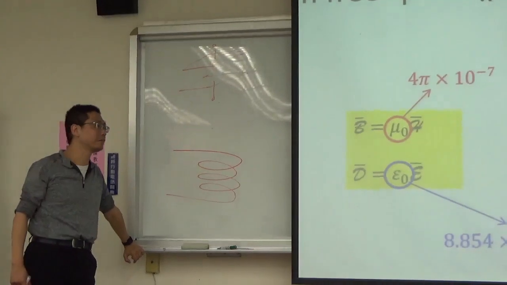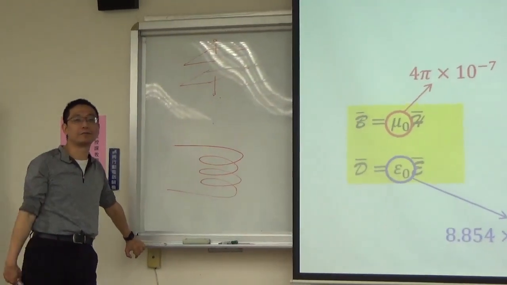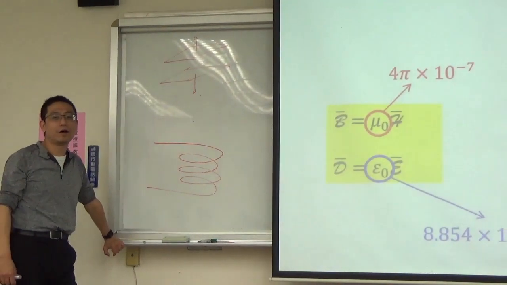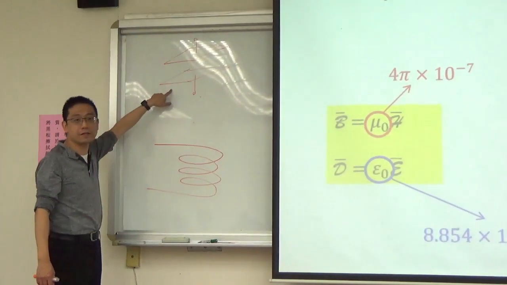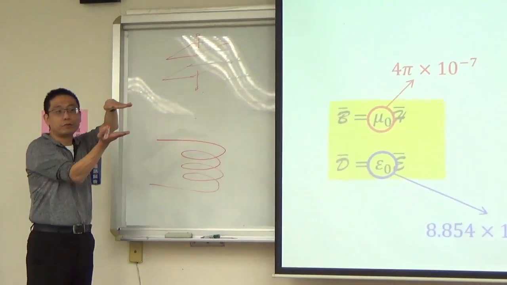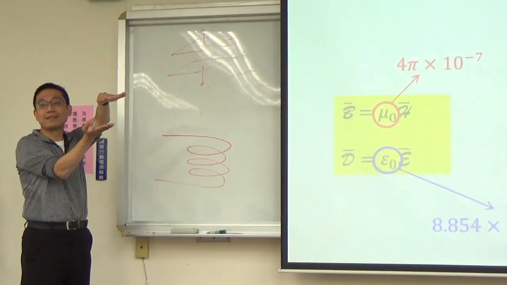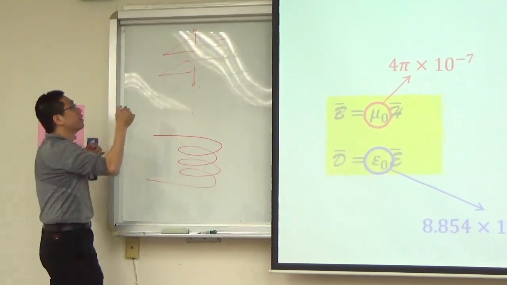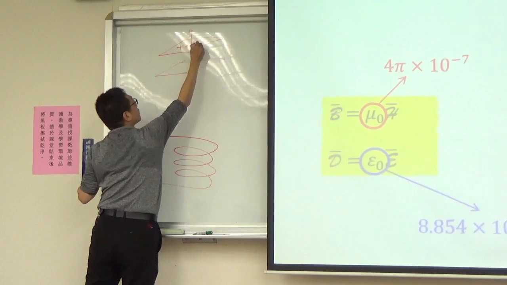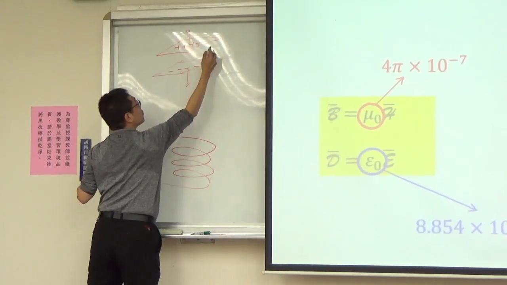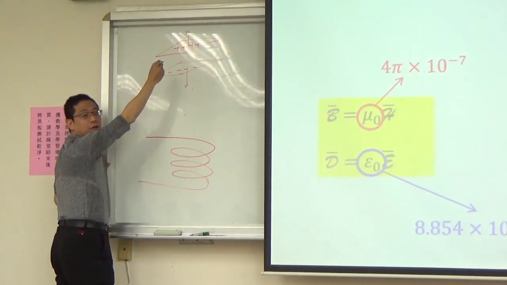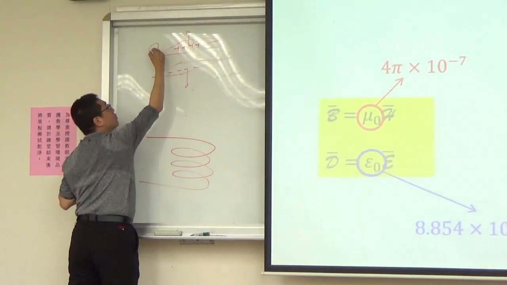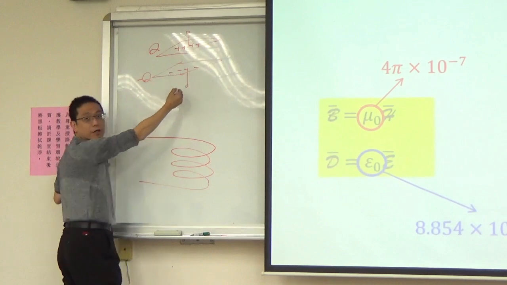Fundamental things. Okay, let's review the definition of capacitance, and this is a capacitor. We have two plates which have positive charge and negative charge, and the total charge is Q here and minus Q here.